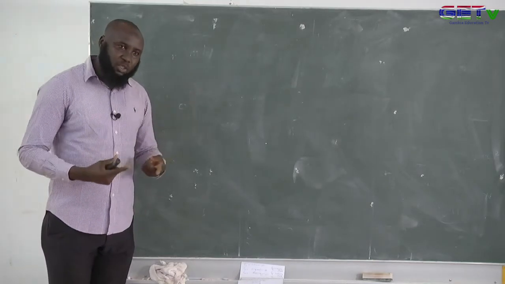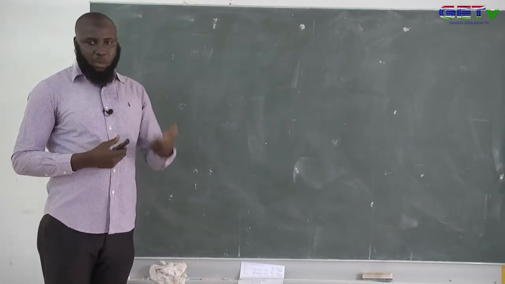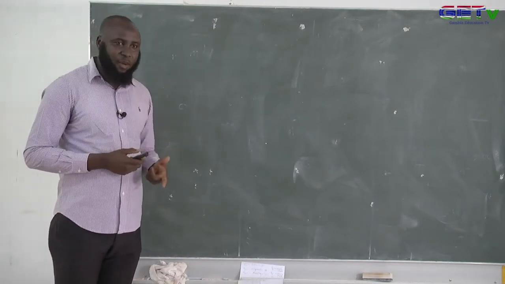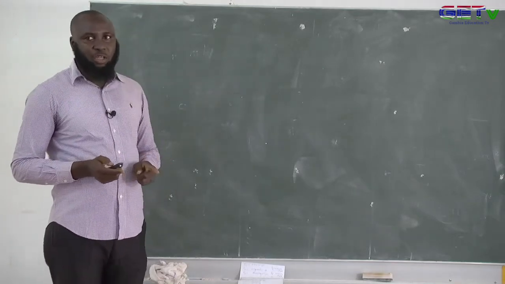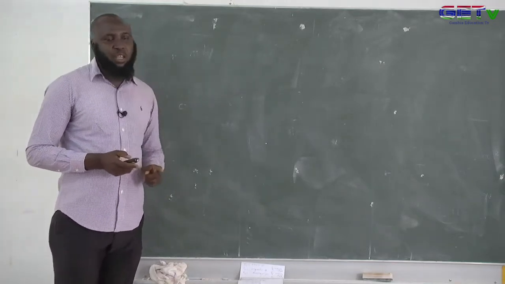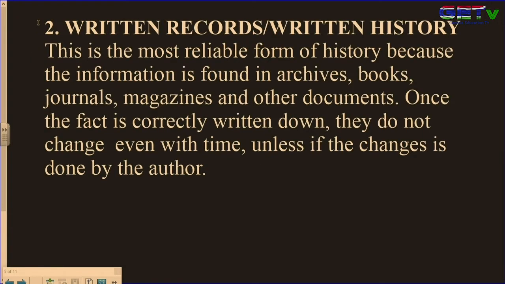Now, some may tend to exaggerate in order to get more money or recommendation from them. So this is why this type of history might be unreliable, because the person might not be able to remember everything. Now let's look at the second source of history.